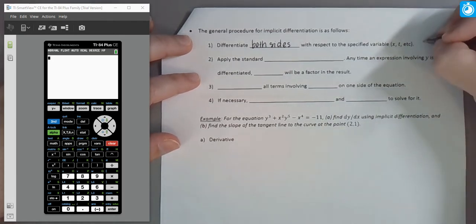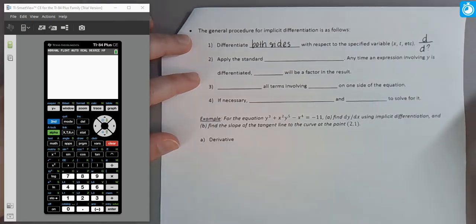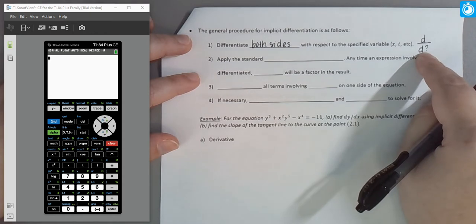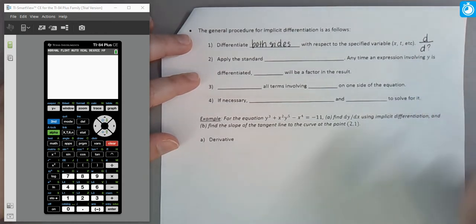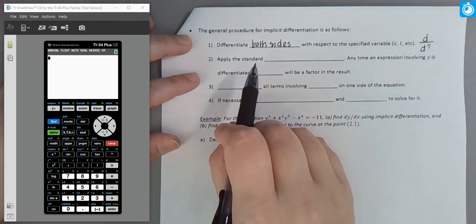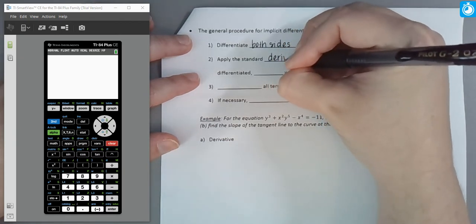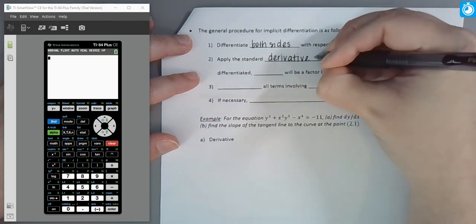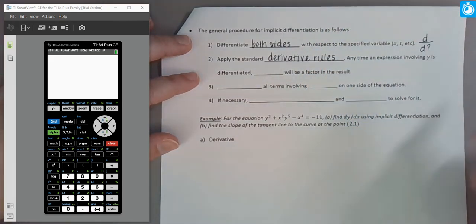So we're going to take the derivative with respect to whatever our variable happens to be. Think of it as an operation, it's telling you to do something, applying that to both sides of the equation, thereby balancing the equation. So you're going to apply the standard derivative rules: our power rule, our product rule, our quotient rule, all of those things that we know how to use, we just have to apply them in a slightly different way.